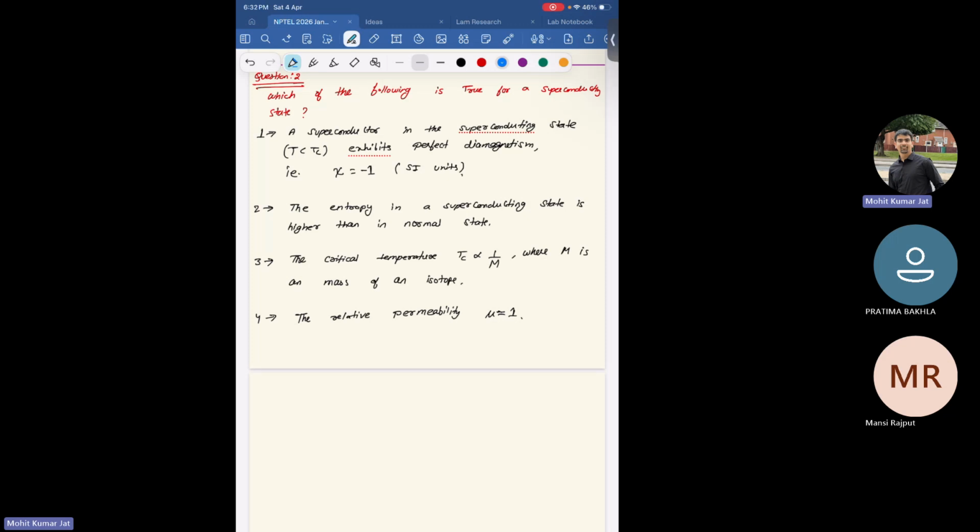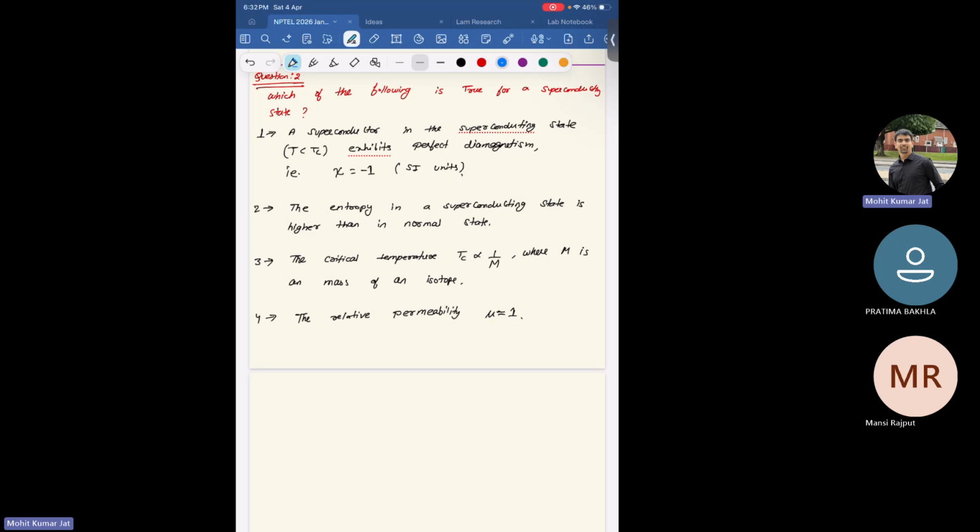Nancy, you're correct. The reason being, you know the famous Meissner effect, right? If you have a superconducting material and you apply a magnetic field below the critical temperature, what will happen? Your magnetic field lines cannot thread through your superconductor, so your superconductor will repel those lines. And what does it mean?